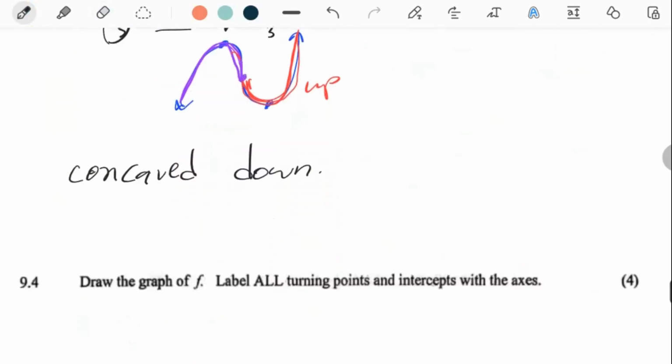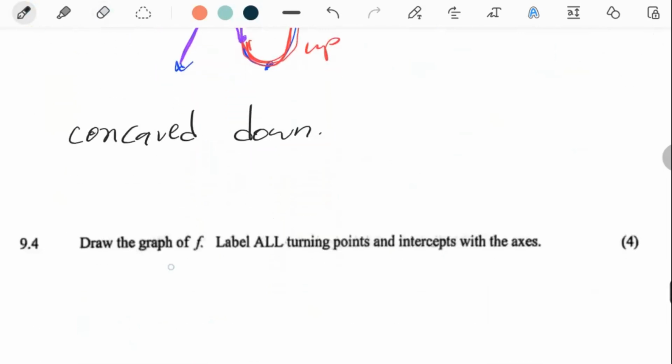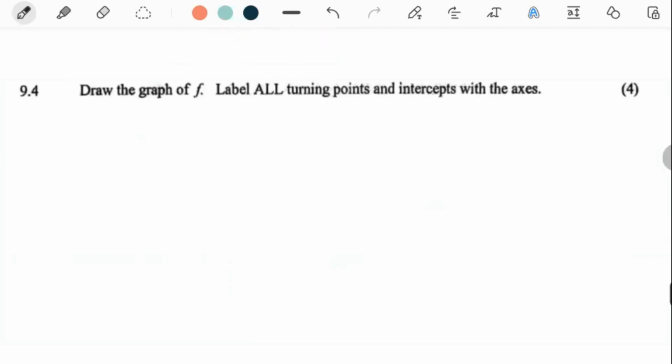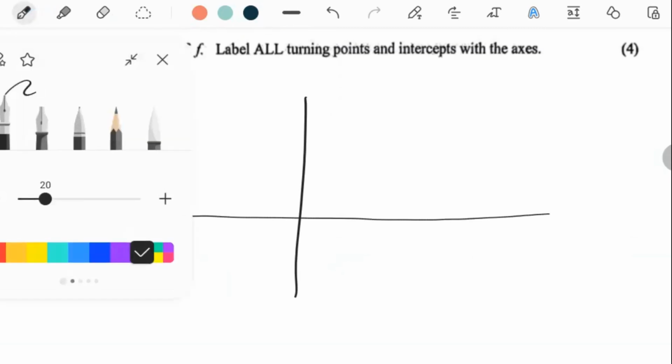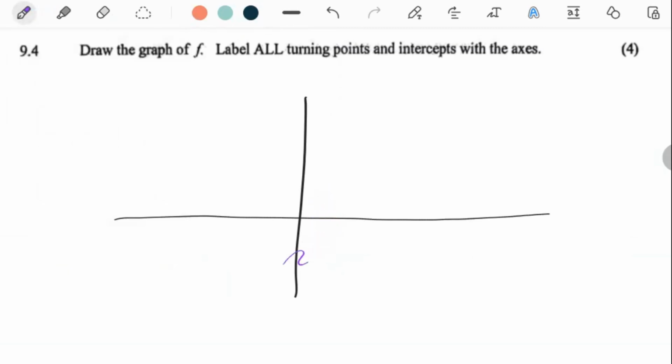So let's move on. 9.4 says, draw the graph of f, label all turning points and intersects with the axis. So this is very, very easy, because we've drawn the graph of f already. We said this graph goes up, down, and then up again.